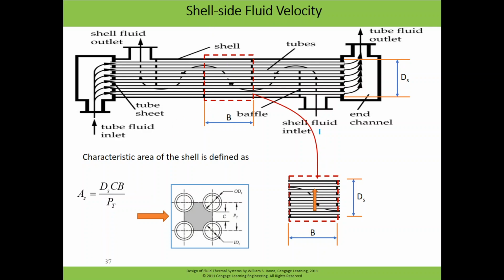So remember that if you see in this schematic, the shell side fluid is going up here. So this space is acting as a channel for this flow, and then it is moving here, and then it is going down, and then it is moving here, and then it is going up and down, right?